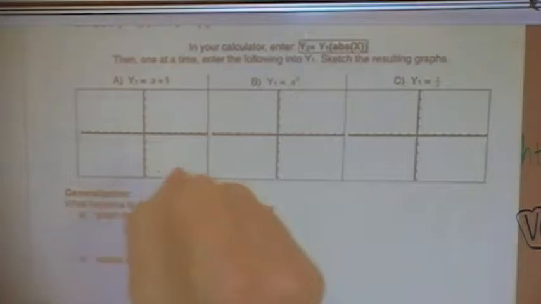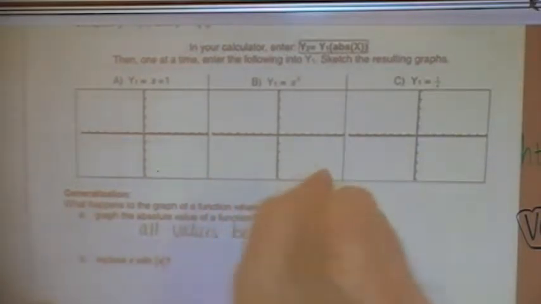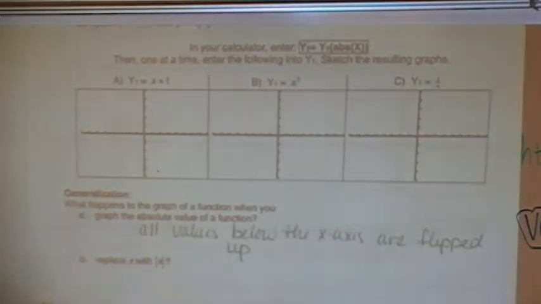That's it. I think that one makes perfect sense. This other one is a little bit bizarre.